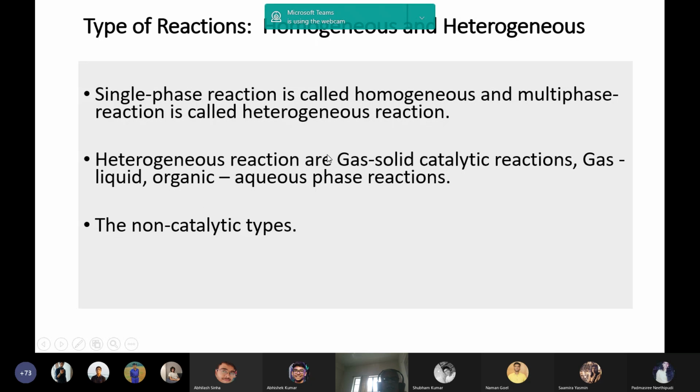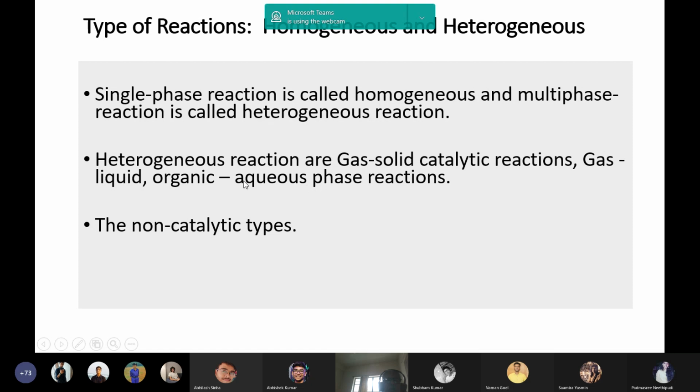And heterogeneous reactions are gas-solid, gas-liquid, organic-aqueous phase reactions. That is, organic is one phase, say oil phase, and the other is aqueous phase. So reaction may take place at the organic-aqueous interface, or water-benzene interface, water-toluene interface, say nitration of toluene.